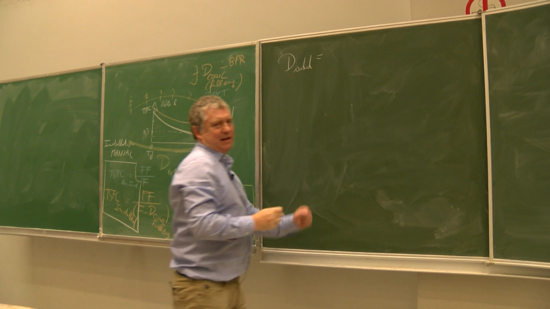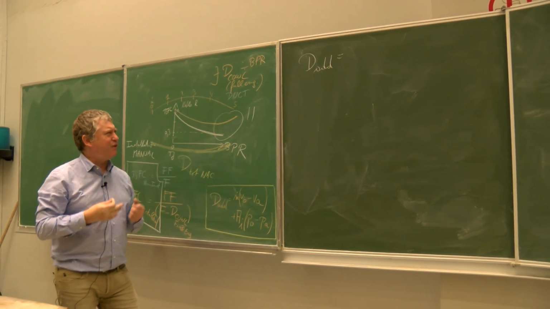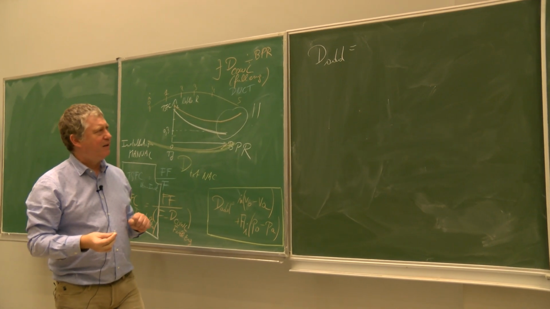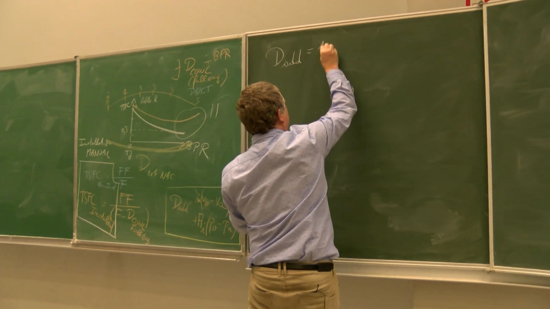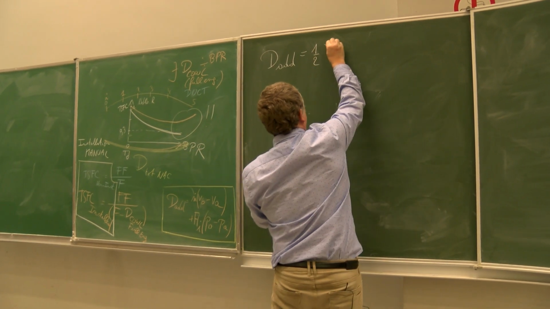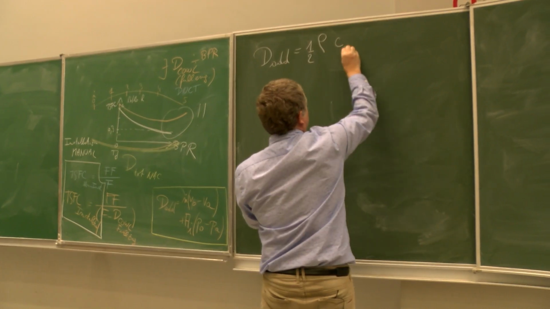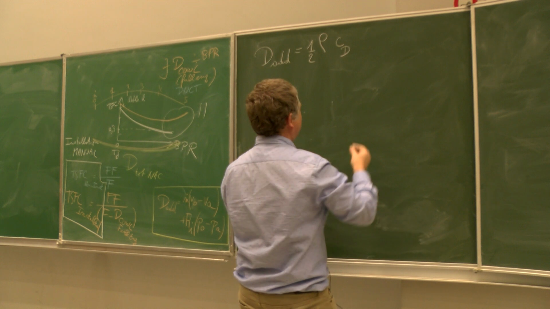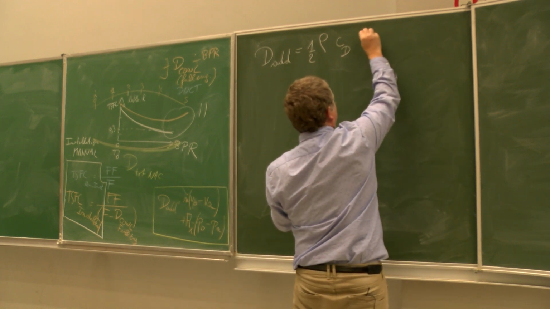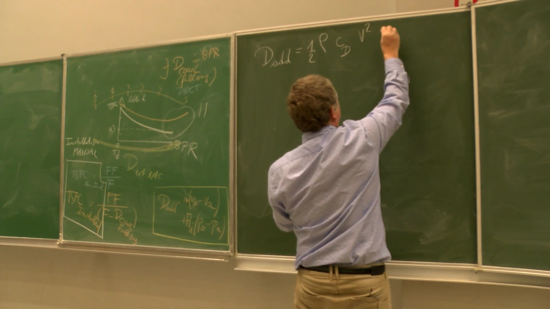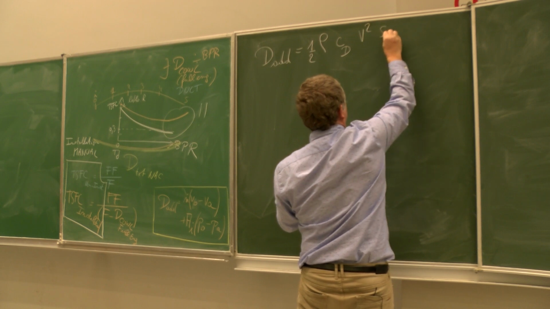We will write that the additive drag can be also written as the other drags as a 1/2 rho with a drag coefficient multiplied by the speed square multiplied by a certain surface.